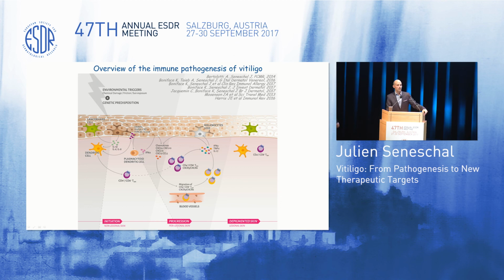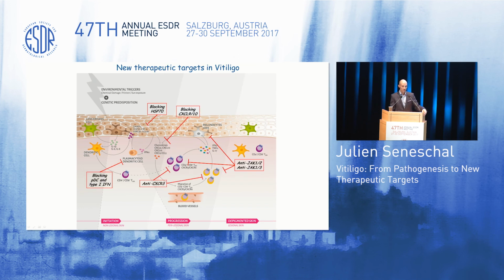So we can think about new therapeutic targets, such as blocking HSP70, a strategy that is analyzed by Carolina Lepoul's group. You can also think about blocking the type 1 interferon signal.